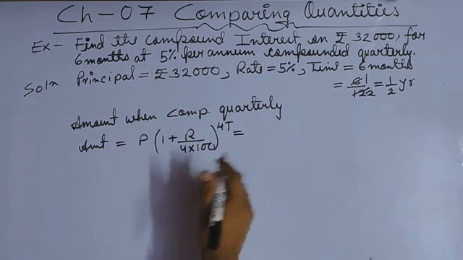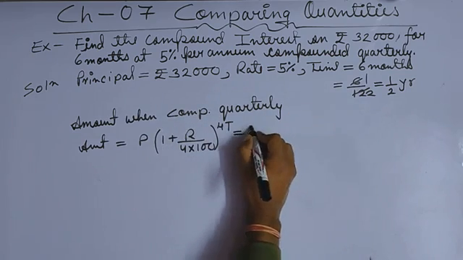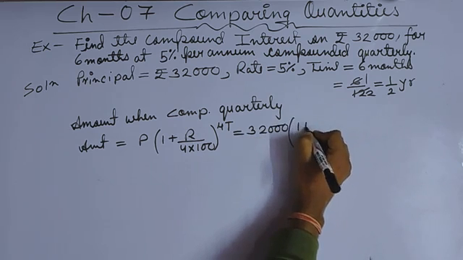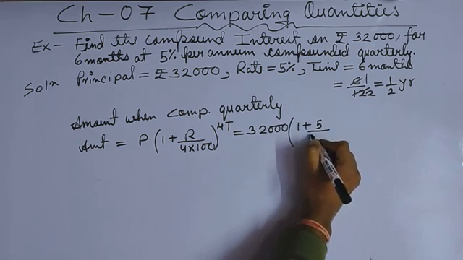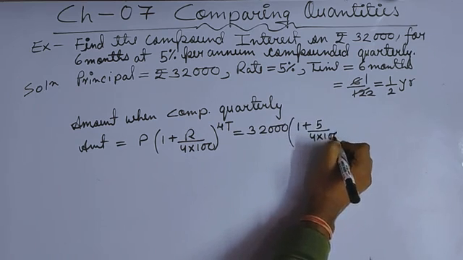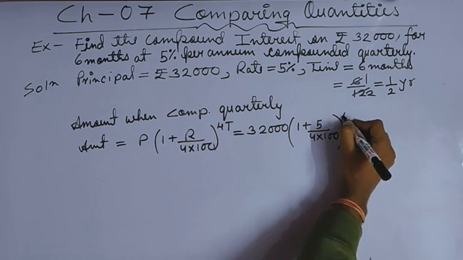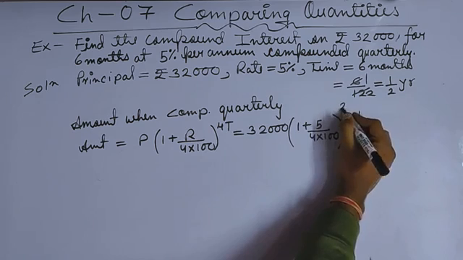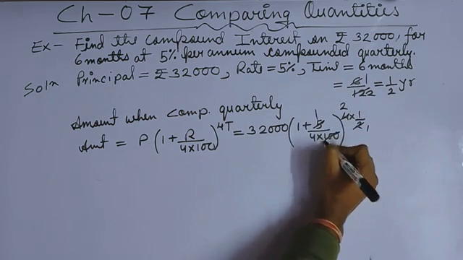On putting the values in this formula, the principal is 32,000. 1 plus R, our 5%, that is 5 upon 4 multiply 100. Then 4 multiply T, that is 1 upon 2. This is 2 ones are 2, 2 twos are 4, 5 ones are 5, 5 20s are 100.